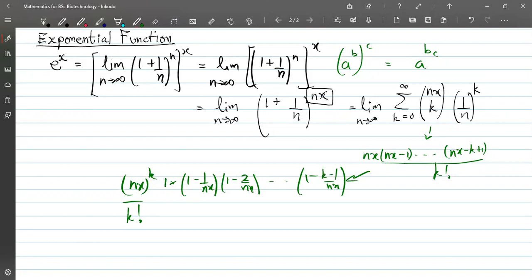And this is 1 by n upon k. So here you'll have 1 by n upon k. I'm sorry, n to the k.